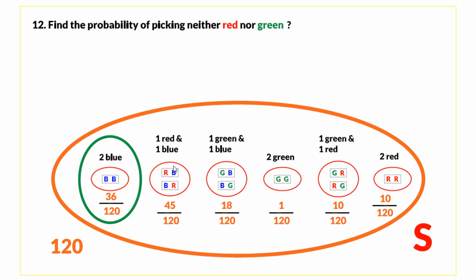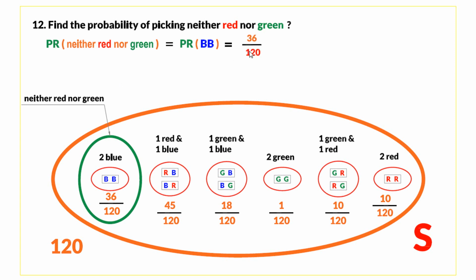So this event is not acceptable, and it's the same for all other events. So the event we are looking for is picking 2 blue, and that is neither red nor green, and its probability is 36 over 120 equal 0.3.